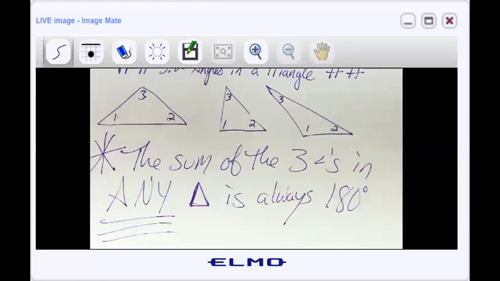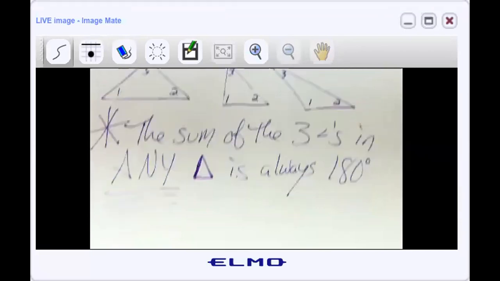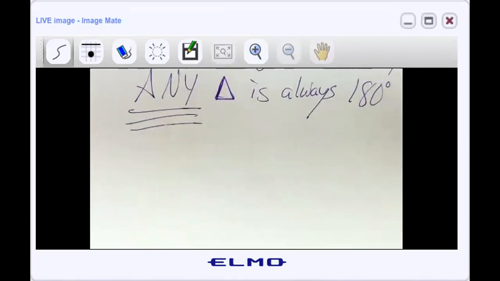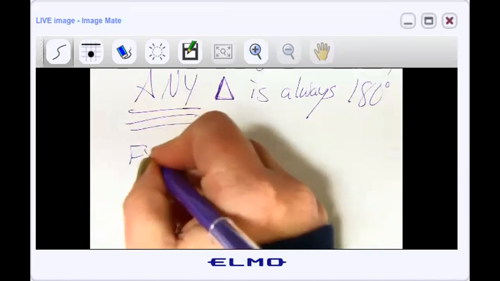All right, so now that we know that that is true and why that's true, let's go ahead and just try some problems with it. So we'll start off easy with just some numbers, and then we'll throw in some algebra.